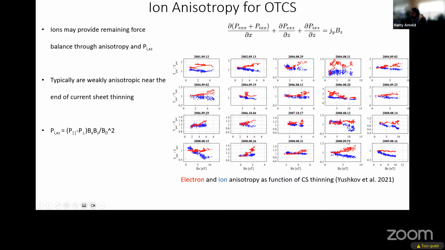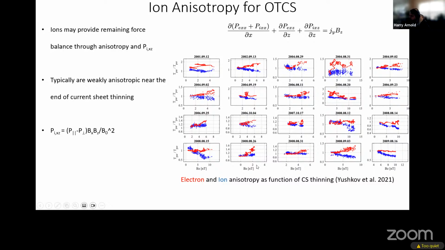And this image here is from this Yushkov et al. paper. Basically what they did was they plotted the anisotropy for ions in blue and electrons in red for many different events as a function of the thinning. So BZ is the x-axis here. And you can imagine as your current sheet thins, you're going to go from the right side of this plot to the left side.